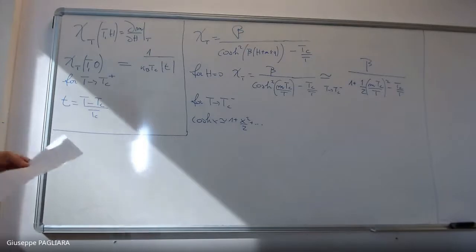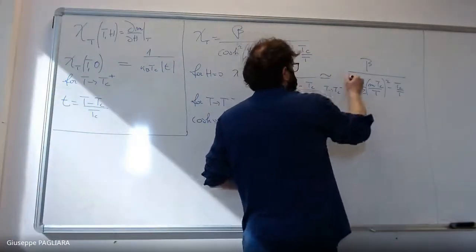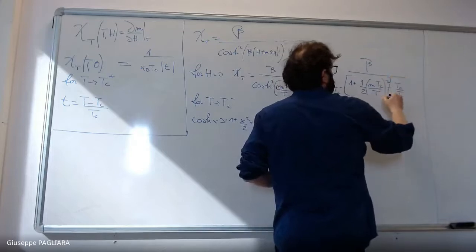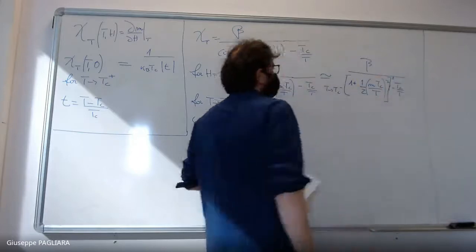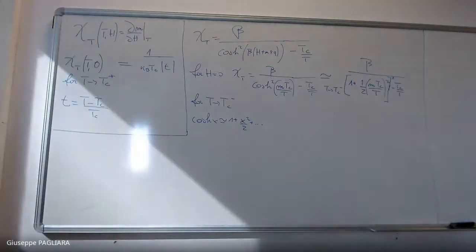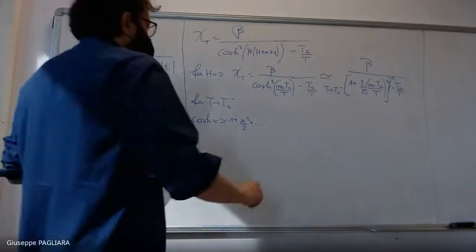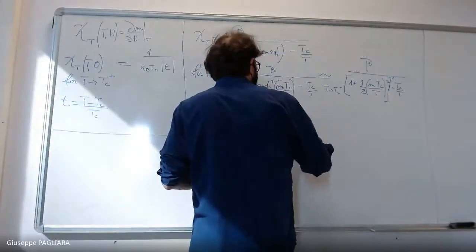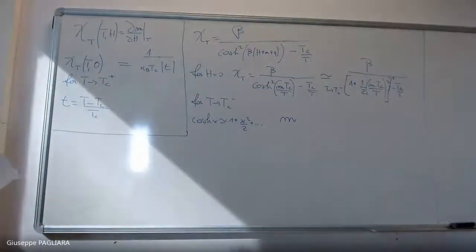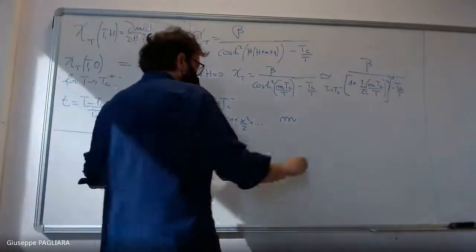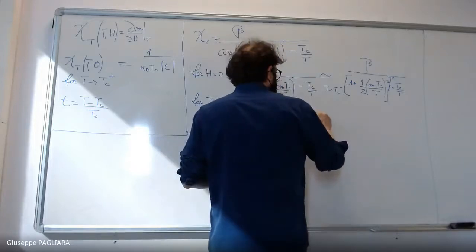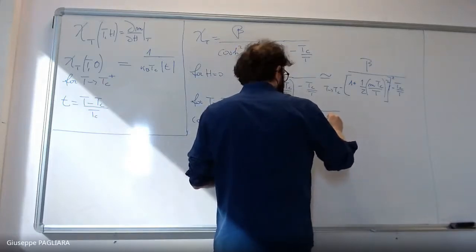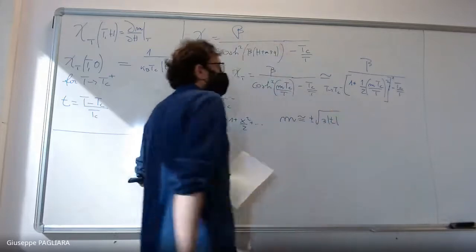And I think that there is another square here because the cosine is squared, and then is minus Tc divided by T. Okay, so now it's a matter of doing a calculation, and let us remember that m, when we are close to the critical temperature and from below, was almost equal to plus minus square root of 3t, that we derived last time, no?